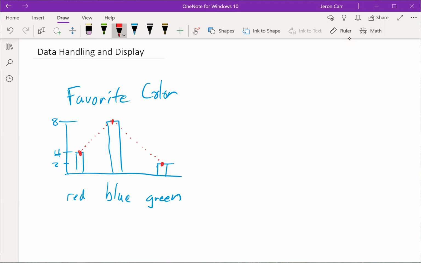So I can see the line goes up and then it goes down again, okay? But if I decide to display my data set of 4, 8, and 2 as a line graph, then what am I claiming is true about the data? Well, what I'm claiming is that there is a connection between color and people picking that color as their favorite, and that relationship exists for the values that exist in between 2 colors.